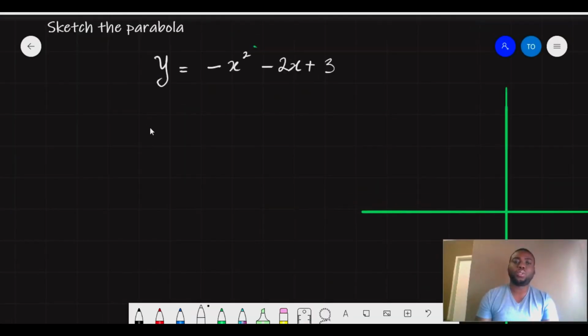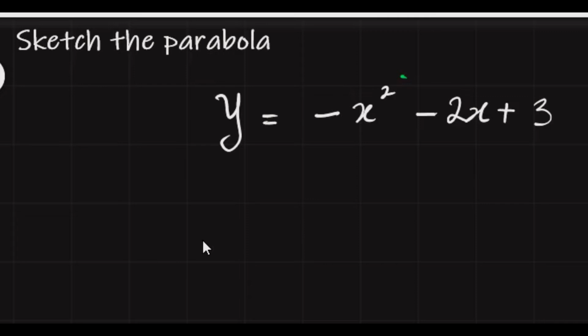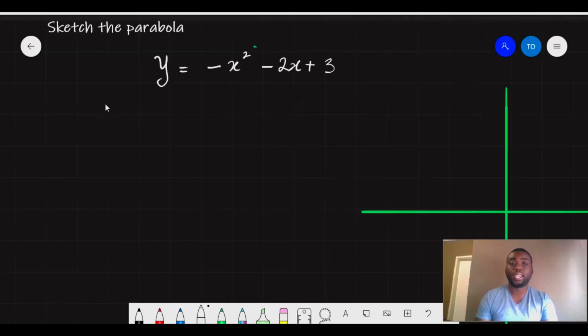So let's talk about sketching. If you want to sketch your parabola, you will need your x-intercepts, your y-intercept, and your turning point. To sketch this function, y equals negative x squared minus 2x plus 3, we need to find our x-intercepts, our y-intercept, and our turning point. Let's start with the x-intercepts.